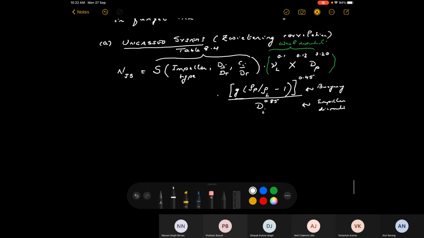And nu L is what is called the kinematic viscosity.